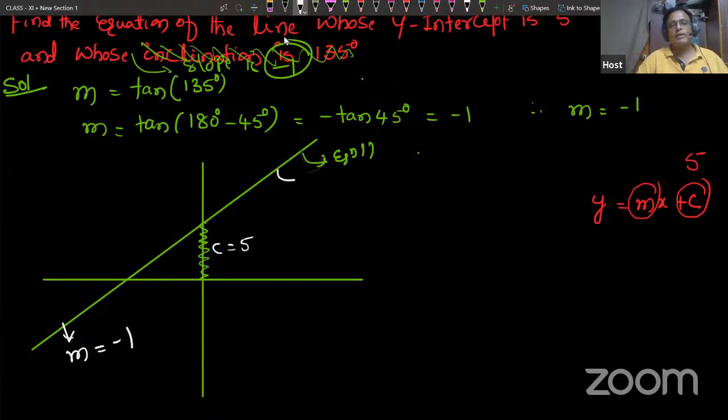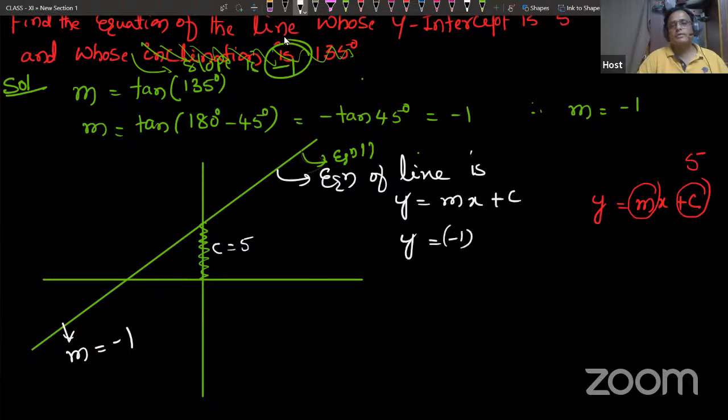So the equation of the line is y is equal to mx plus c. Y is equal to, slope is minus 1, x plus c is equal to 5, since the y-intercept is given as 5. Therefore, x plus y minus 5 is equal to 0.